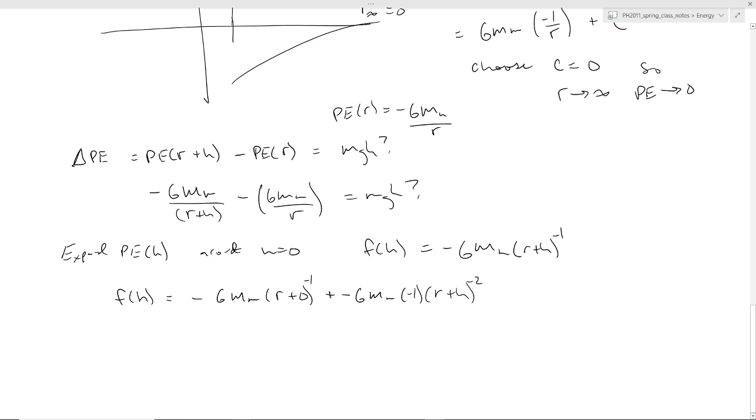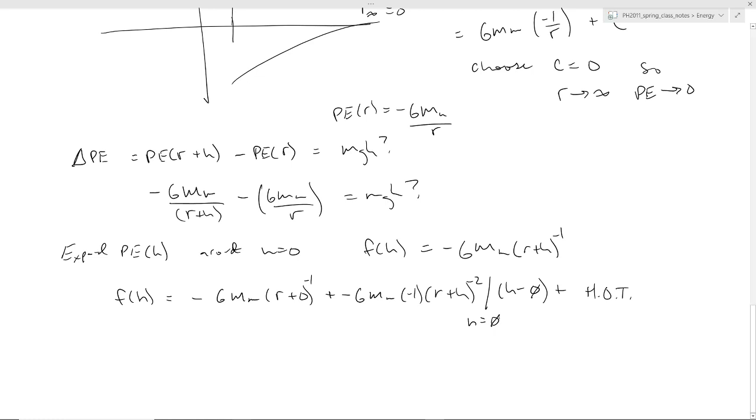So that would be the derivative evaluated at h equals 0, times the quantity h minus 0, plus higher order terms.